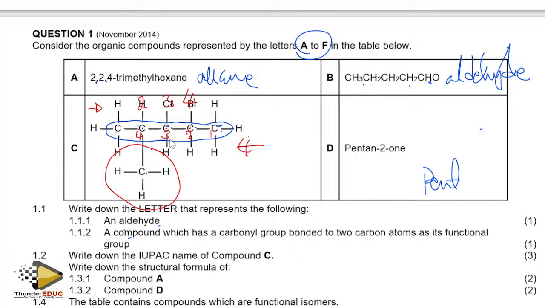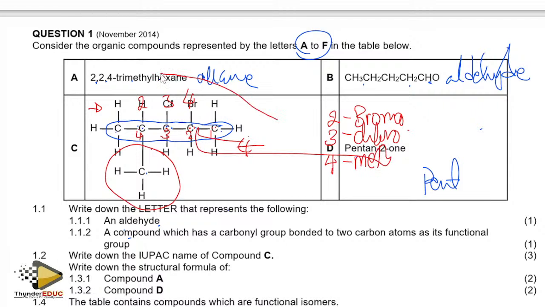This one is going to be 1, 2. So I have the bromo on carbon atom number 2. So bromo is on carbon atom 2, so it's going to be 2 bromo. And then chloro is on carbon atom number 3, 3 chloro. And then carbon atom number 4, I have a meth there, 4 meth.